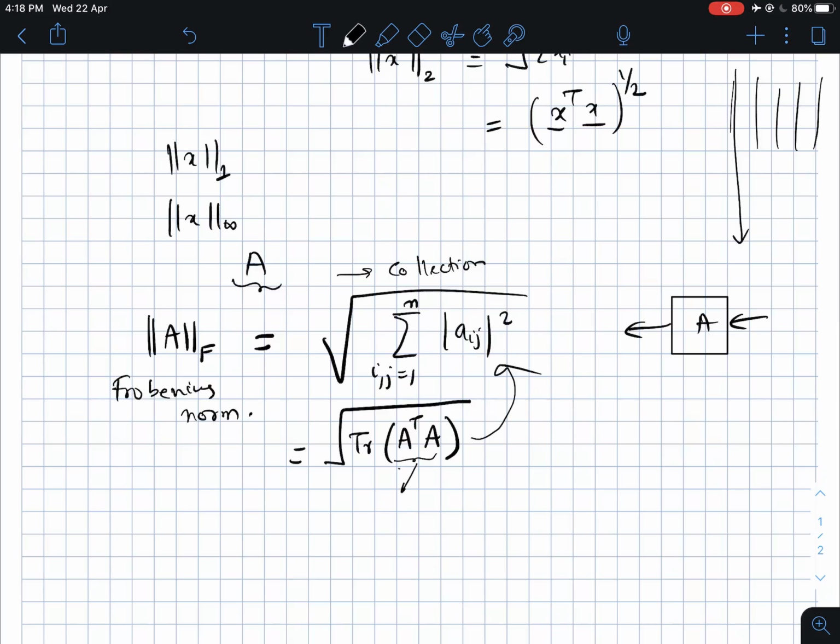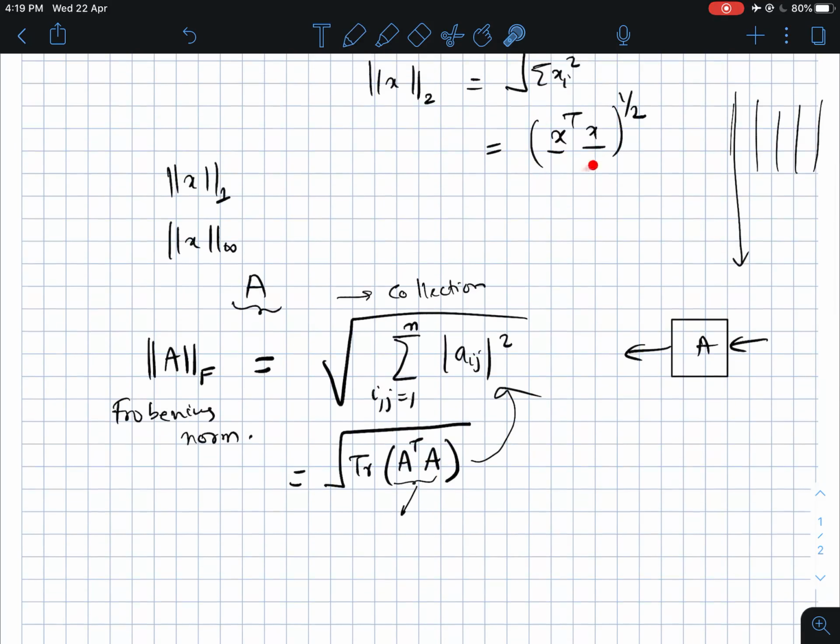Because you actually get A transpose A, notice how this mimics very closely what happens with vectors. You have x transpose x there, the inner product of vectors. Here you have A transpose A and the trace. For this reason, I mentioned that this is also like an inner product on matrices.